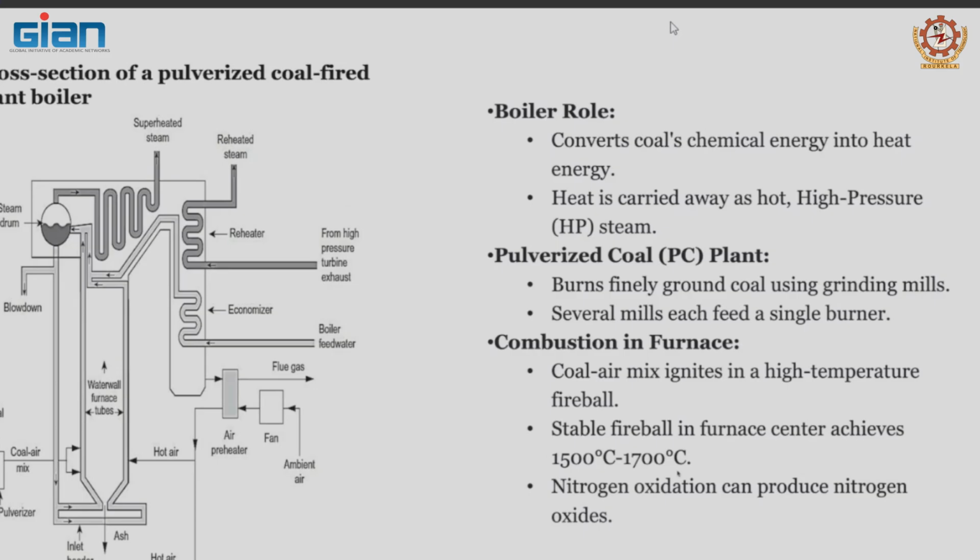There is a stable fireball in the furnace, fed through various injectors, and the optimum operating temperature of a pulverized coal furnace is between 1500 and 1700 Celsius. As a result, you have nitrogen oxidation, which is abundant. You will ask a question: why is there so much nitrogen oxide in the form of NO2, which we call NOx?